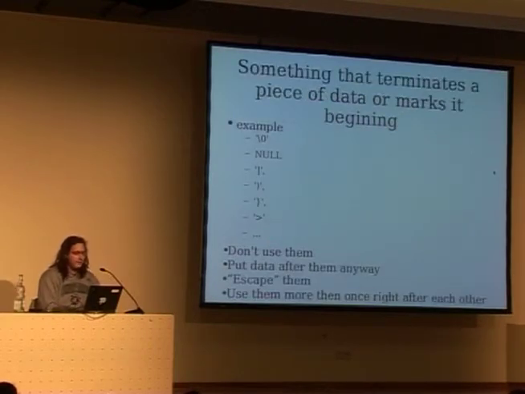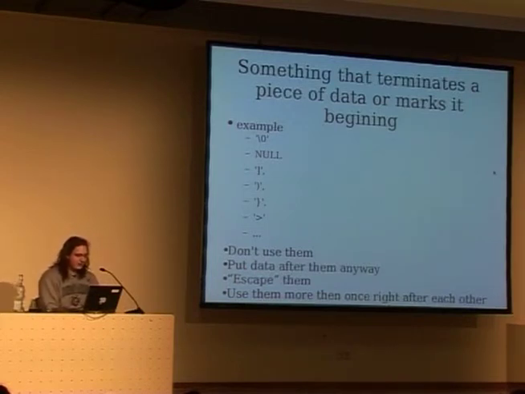Some more stuff. Basically, things that terminate or that mark its beginning. You can have null bytes or just four zeros, or brackets, stuff like that. Basically, what you want to do is not use them and just have it endlessly going on, for example, or put data that wasn't supposed to be there anyway, and see what happens.